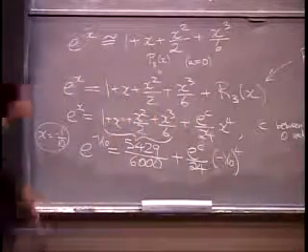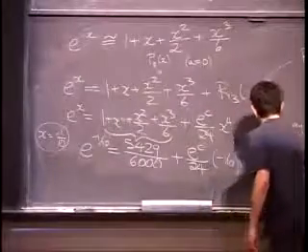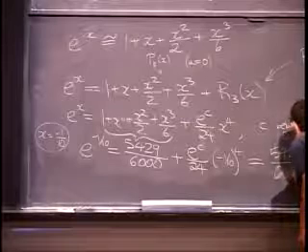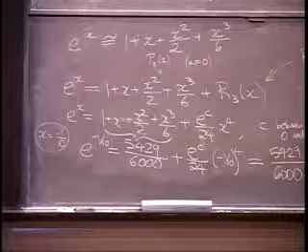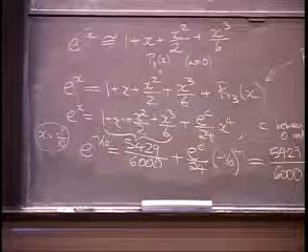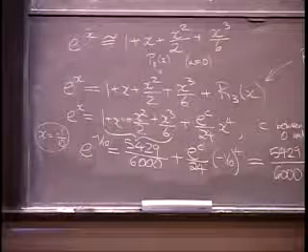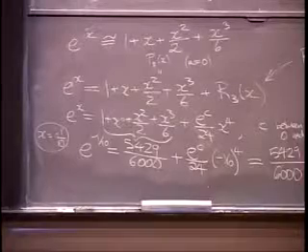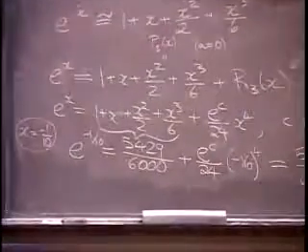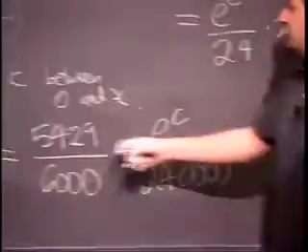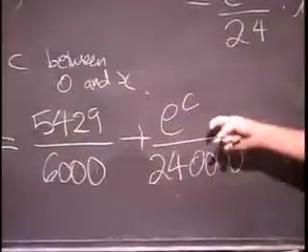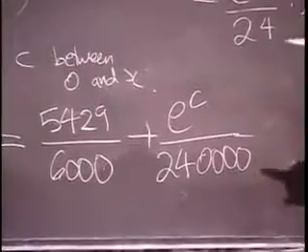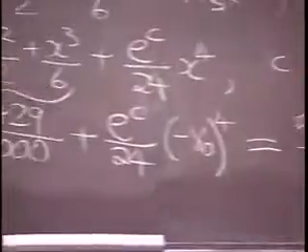And if I work this out, I get 5429 over 6,000 plus e to the c over 24 times 10,000, so 240,000. Okay, so e to the minus a tenth, this mysterious quantity that I can't compute without a calculator, I can actually compute as 5429 over 6,000 plus e to the c over 240,000, where c is between 0 and x, but x is minus a tenth.